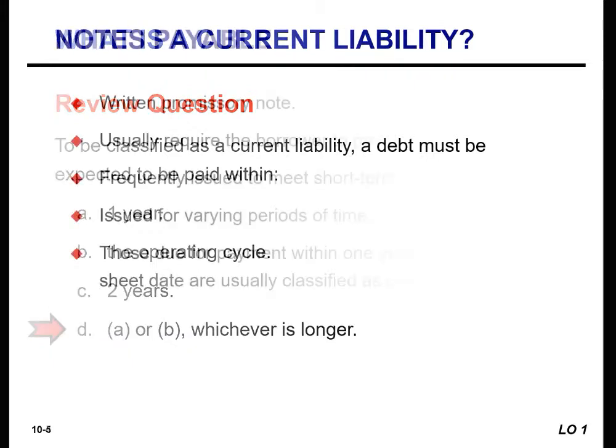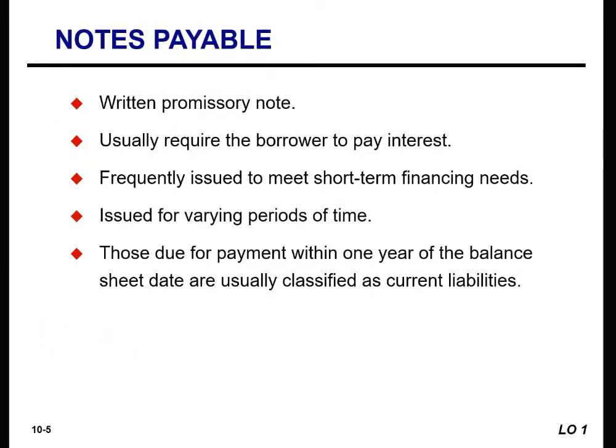We're going to start by talking about notes payable. Notes payable are when a company records obligations in the form of a written note. These are often used instead of accounts payable because they give the lender written documentation of the obligation in case legal remedies are needed to collect the debt.